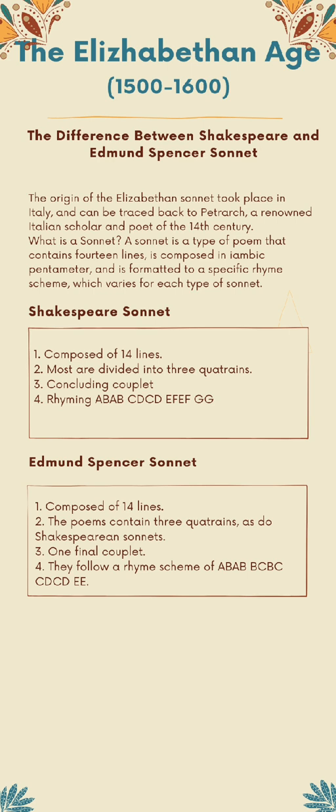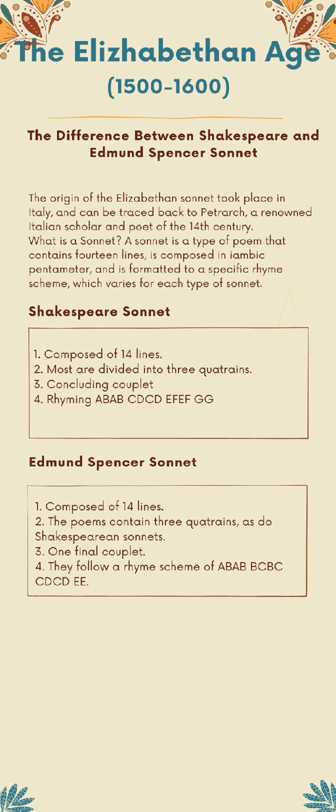And then we move to Edmund Spenser's sonnet. First, composed of 14 lines. Second, the poems contain 3 quatrains as do Shakespeare's sonnets. Third, one final couplet. And then the last, it follows a rhyme scheme of A B A B, B C B C, C D C D, E E. So, in conclusion, the difference between the Shakespeare sonnet and the Edmund Spenser sonnet is the rhyme scheme.